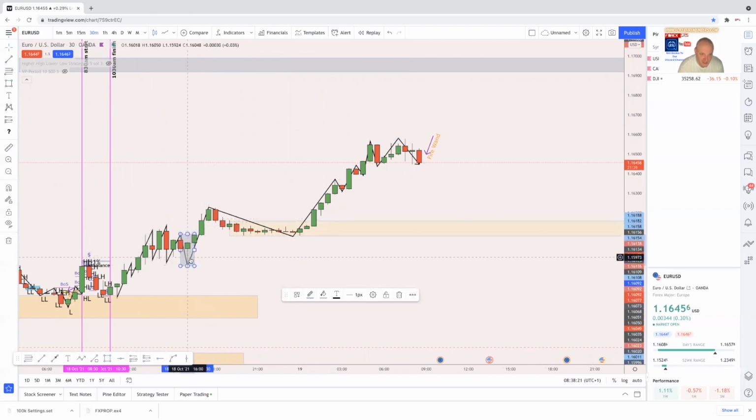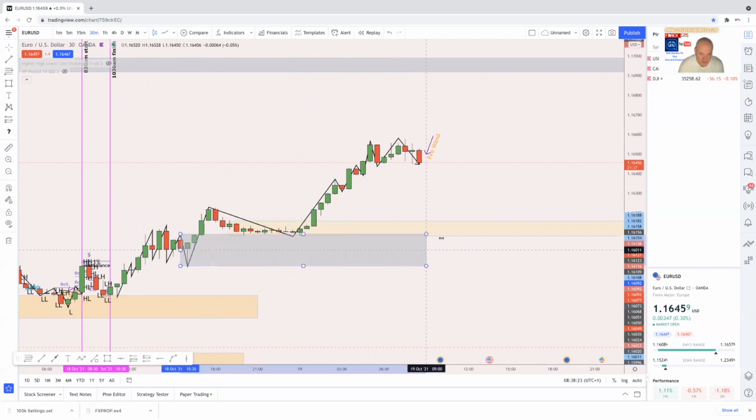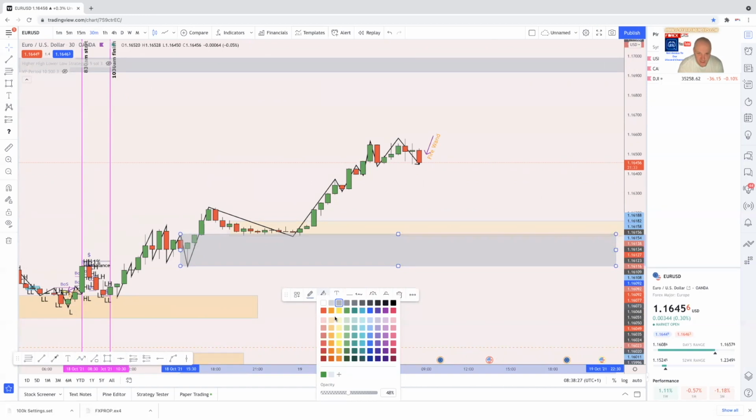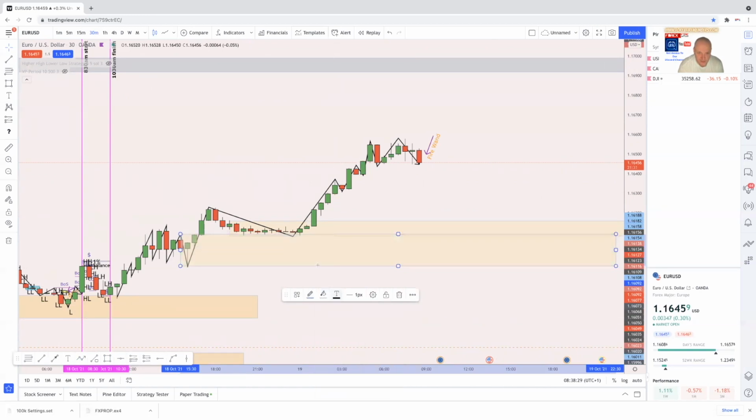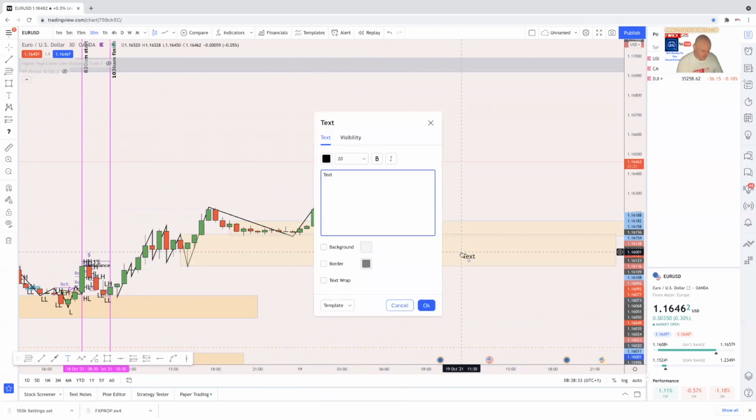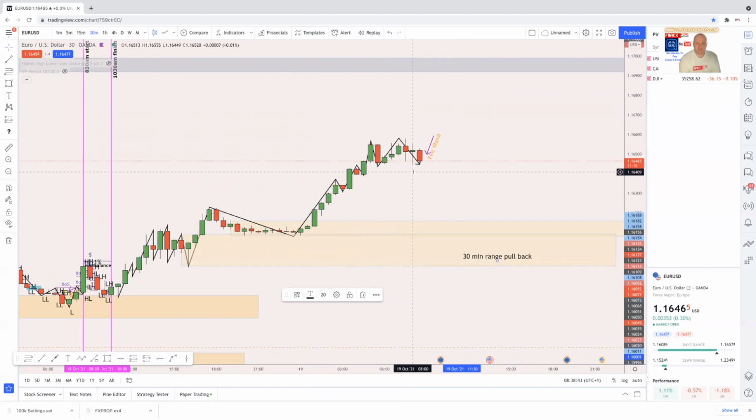Because that there is an impulse. That's a range there. So we do that as yellow or orangey. And I just want to write in there 30 min range pullback. So I've got that in there.